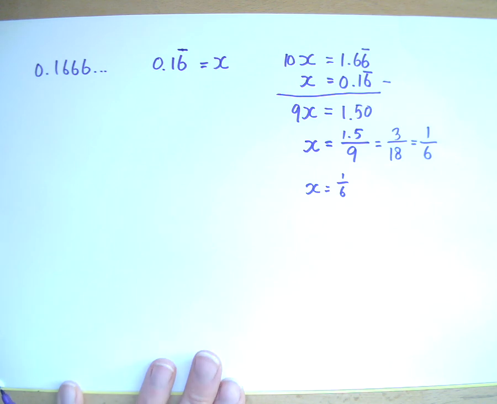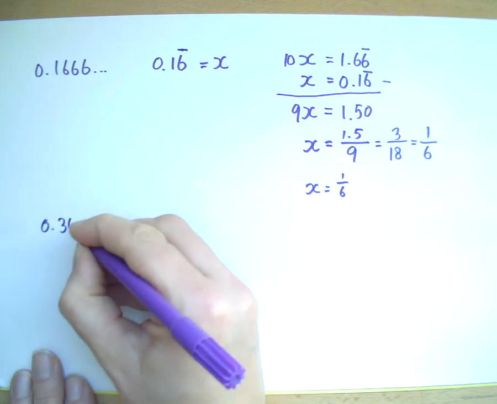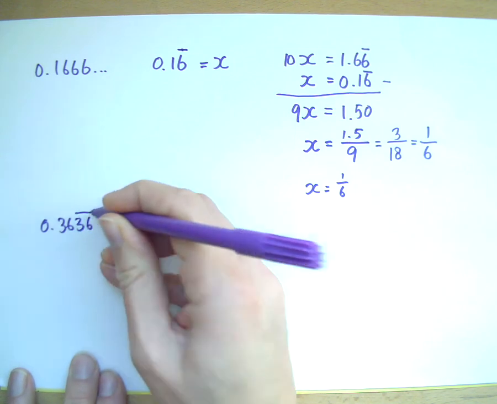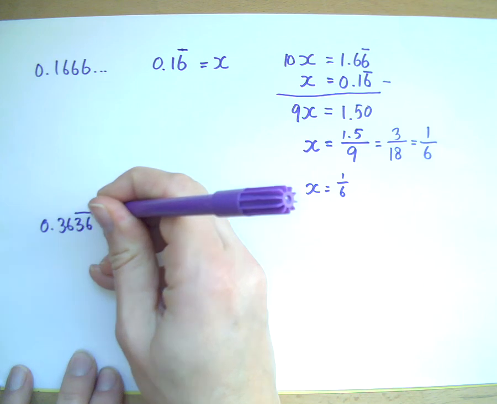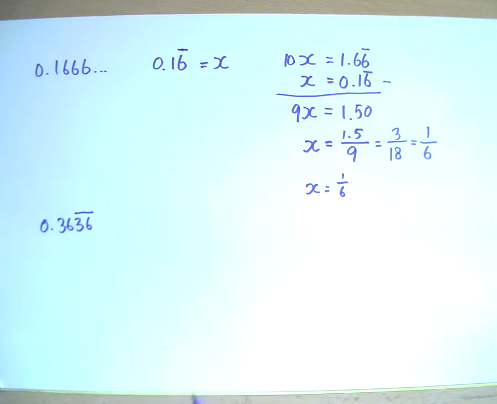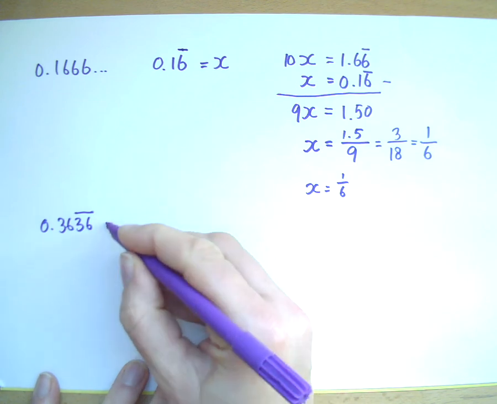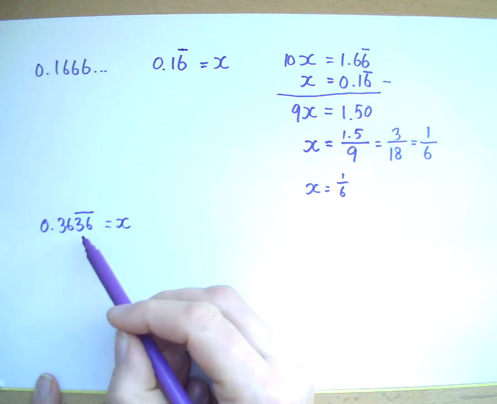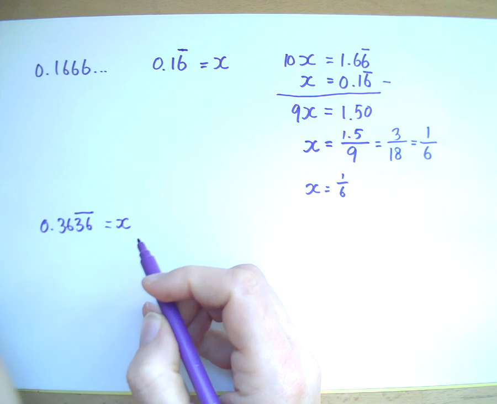Let's look at the other one I gave you, 0.3636, right? Let me write the recurring sign on top of the 2 digits that keep repeating themselves. Okay, let's do it again. We're going to call that x. Now in this case, because it has 2 recurring decimals, we're going to multiply by 100.